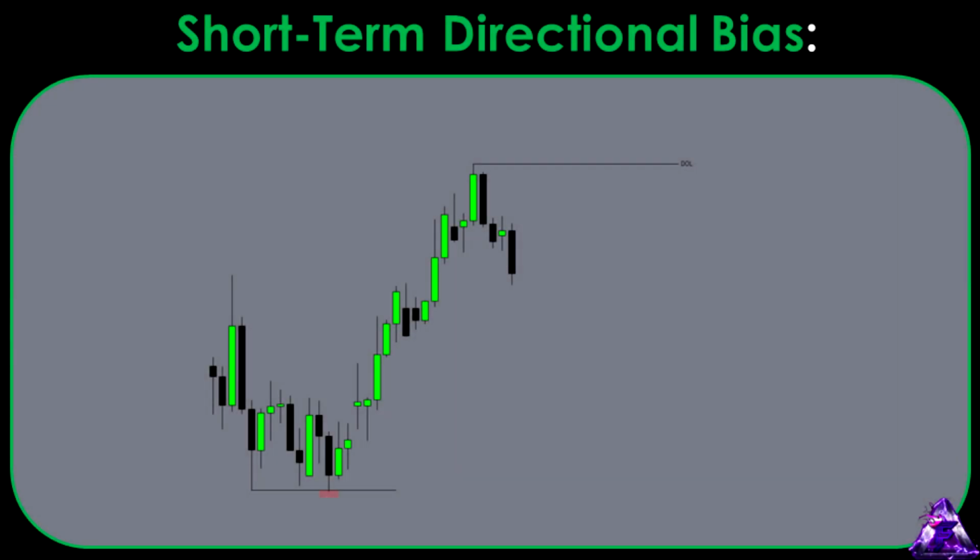Here is another example. We have the euro versus the US dollar daily chart, and as you can see, based on range dynamics, we first took out the range low, and now we need to take out the range high, which represents our long-term draw on liquidity. In this scenario, those who aren't familiar with short-term draw on liquidity might immediately start looking for higher prices and seek longs on lower timeframes, trying to find bullish entry models.